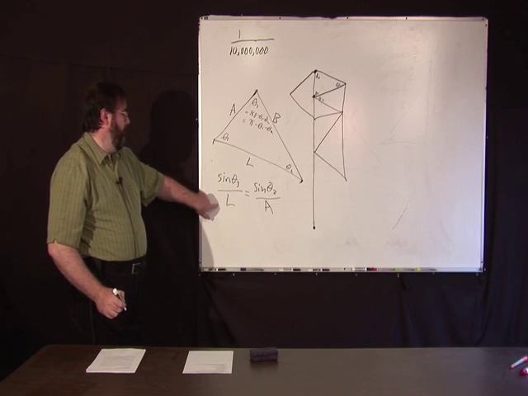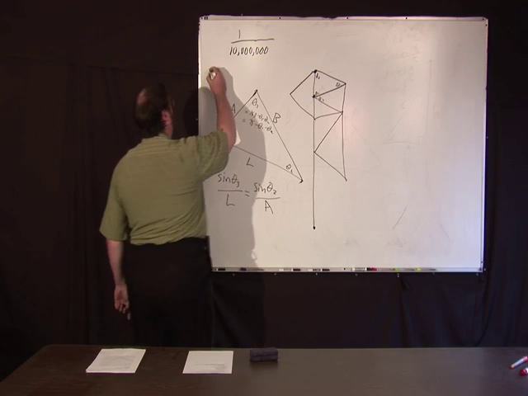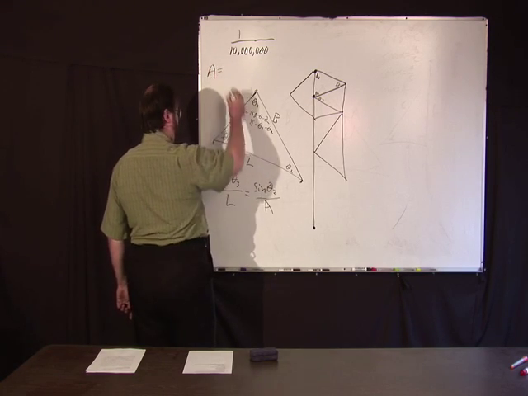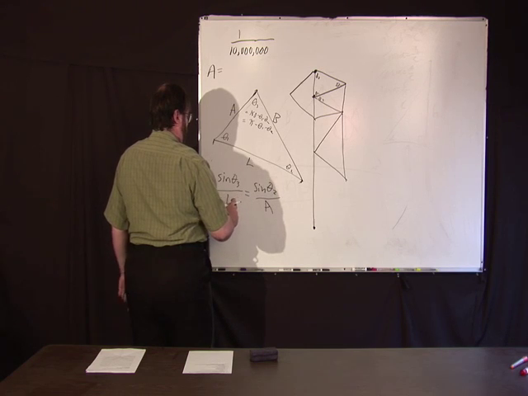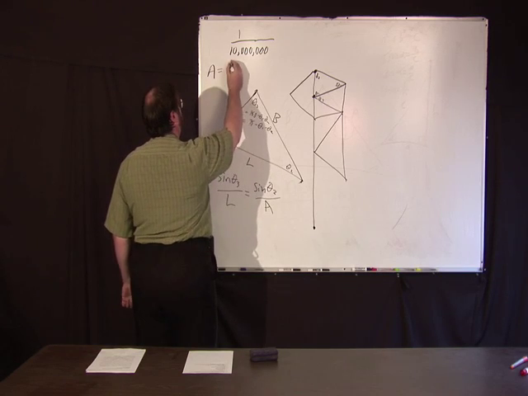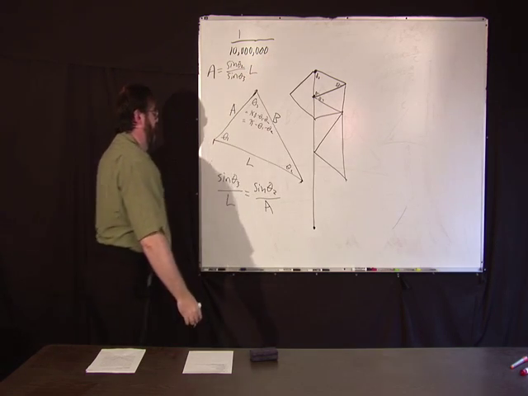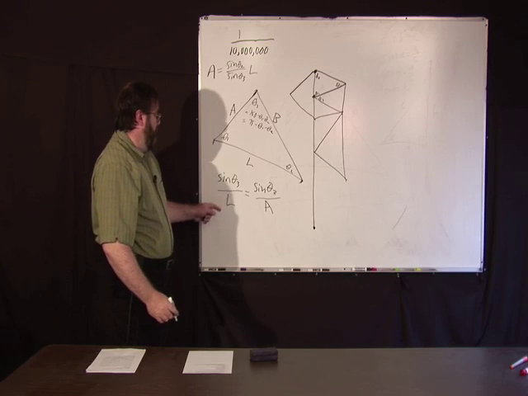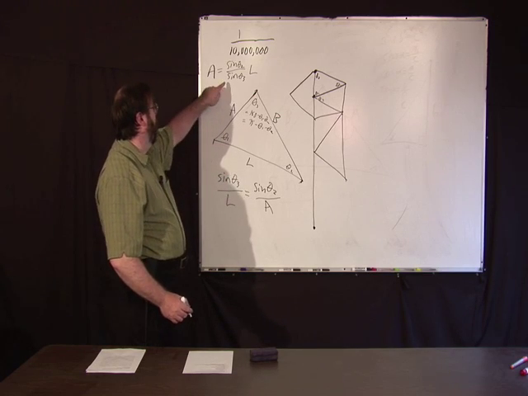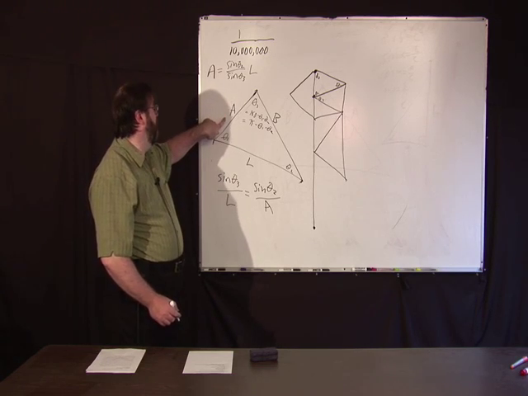We know this, we know this, we know this. We can solve for A. A equals sine theta 2 over sine theta 3 times L. Okay? So this is your measurement equation for the length of this side.